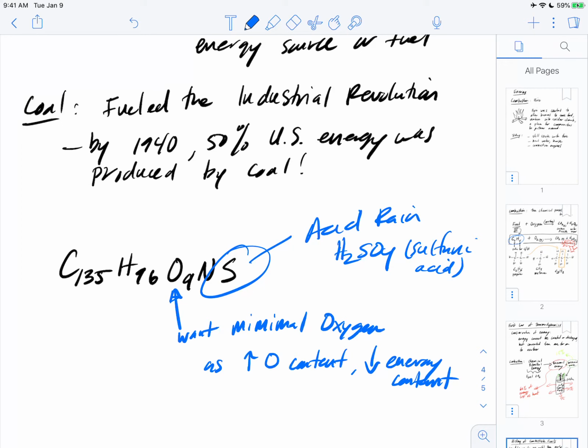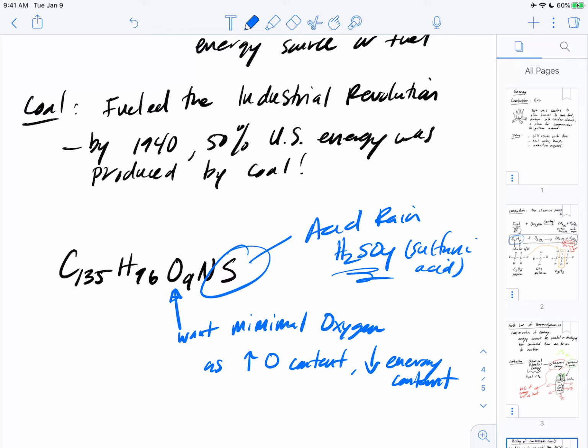But basically, sulfur goes up in the atmosphere, and then it interacts with water and oxygen and creates sulfuric acid that can then rain down. So this was a big problem with a lot of coal being burned, and some of the byproducts, besides carbon dioxide and water, were these sulfur-containing compounds. So sulfur is not good, causes acid rain.